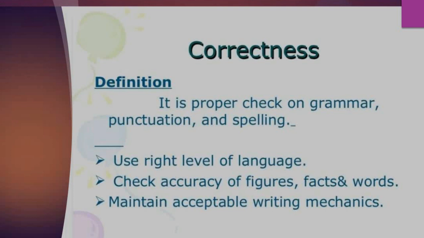So let's come to the point, correctness. What does it say? Definition says it is proper checking of grammar, punctuation, and spelling. Let's see some points they have written. Use the right level of language, check accuracy of figures, facts, and words, and maintain acceptable writing mechanics.